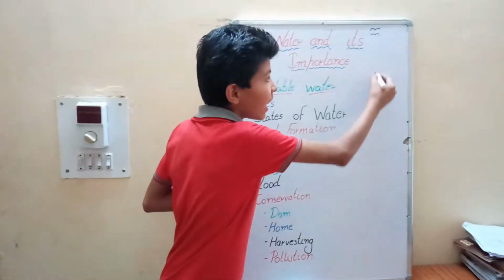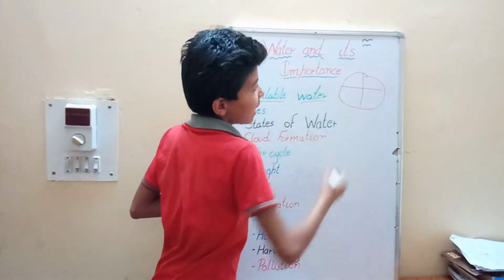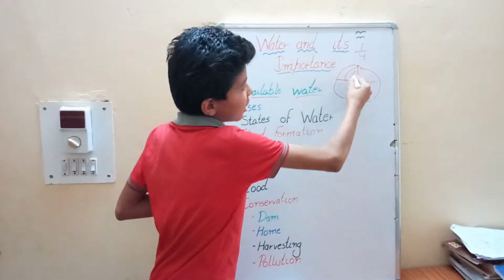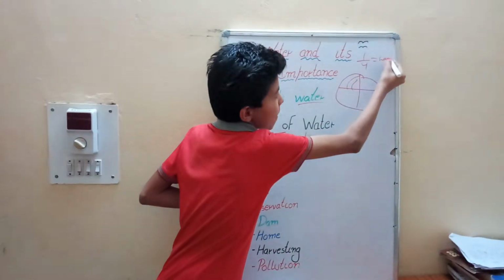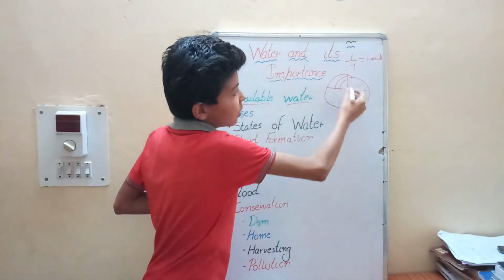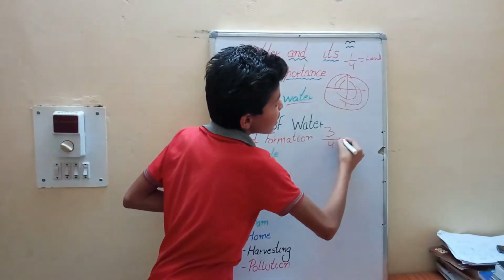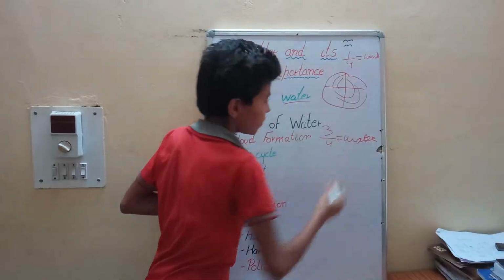If I take the whole earth and divide it into 4 parts, then 1 upon 4, or 1 piece, is the land area, and the rest, which is 3 upon 4, is the water area.